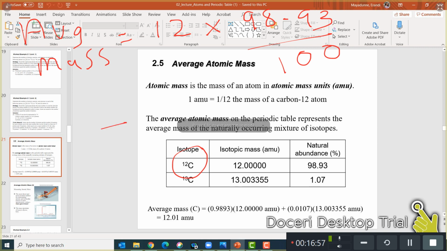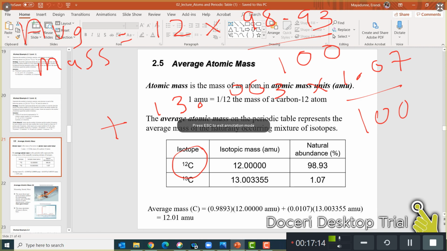Plus you take the other isotope mass, which is 13.003, and you multiply by 1.07 divided by 100, which is 0.0107. You multiply these two numbers and these two numbers, and then add them.